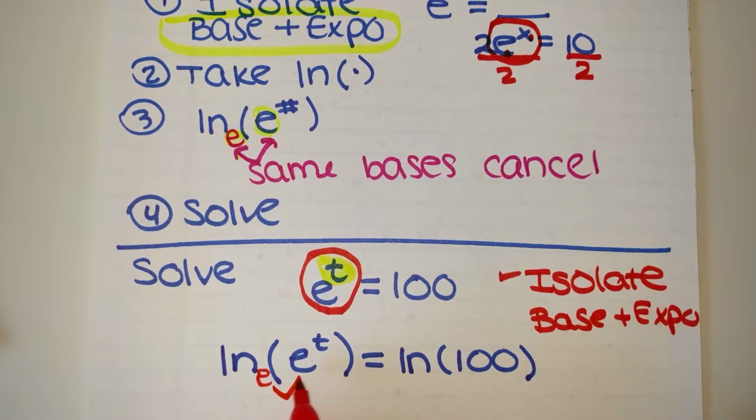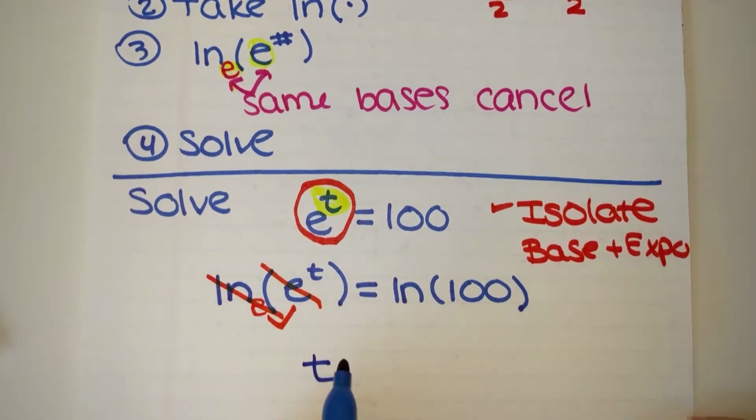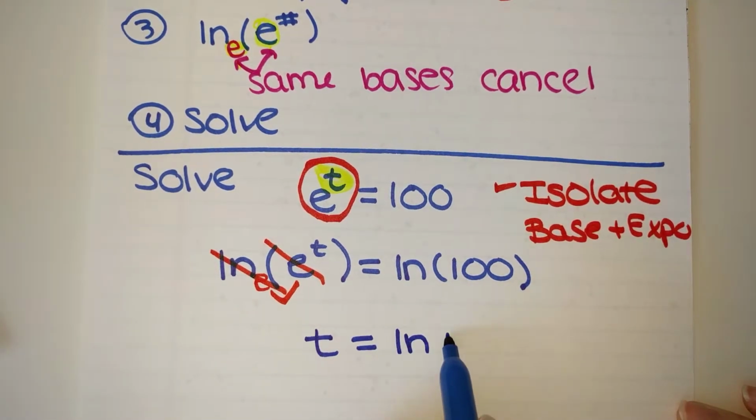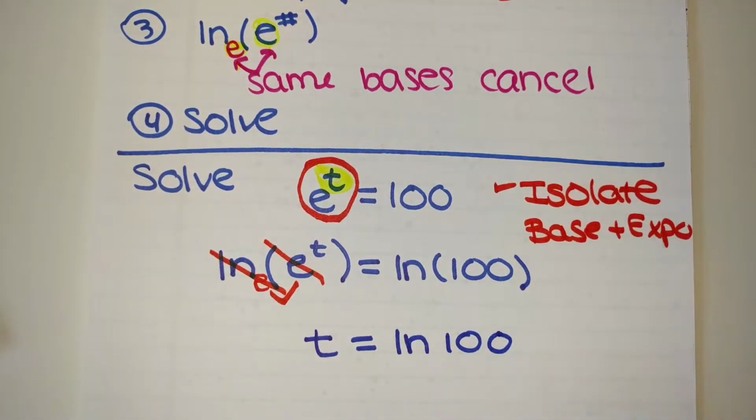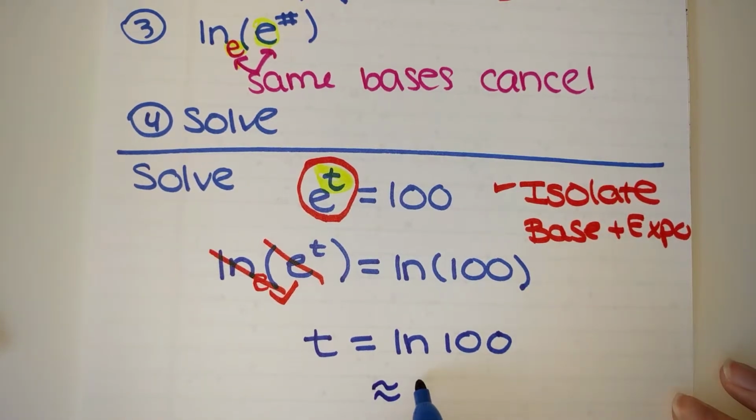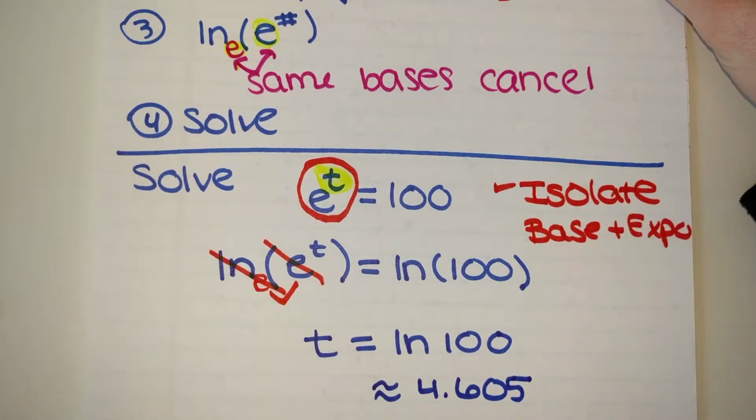So these same bases will cancel. The natural log will cancel, the e will cancel, and you will now have t out of the exponent, equals natural log of 100. You then can compute this, or you could just keep it as natural log of 100. If you compute natural log of 100, you will get approximately 4.605.